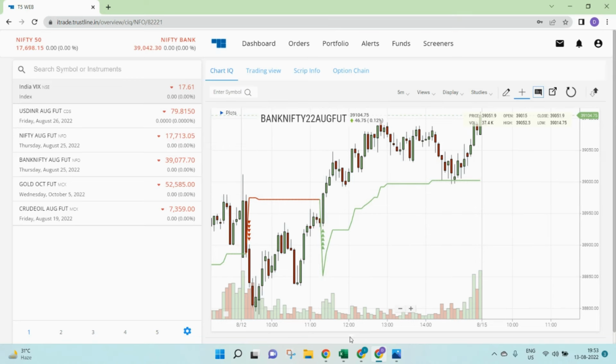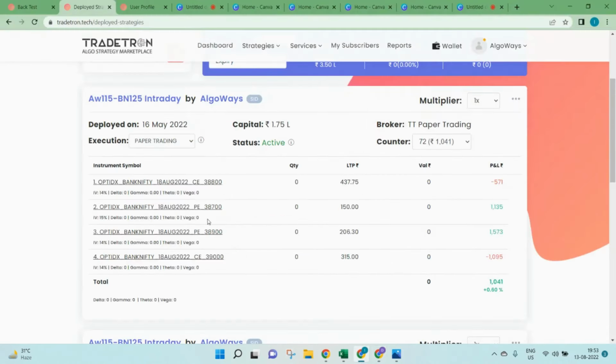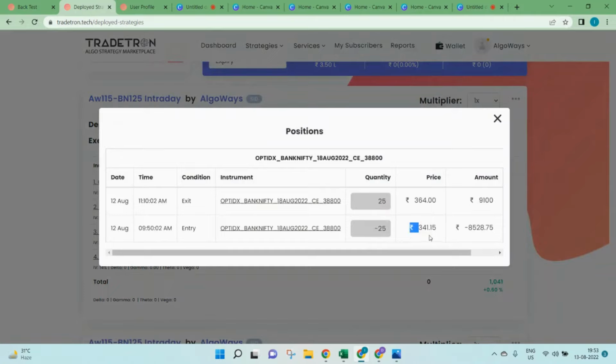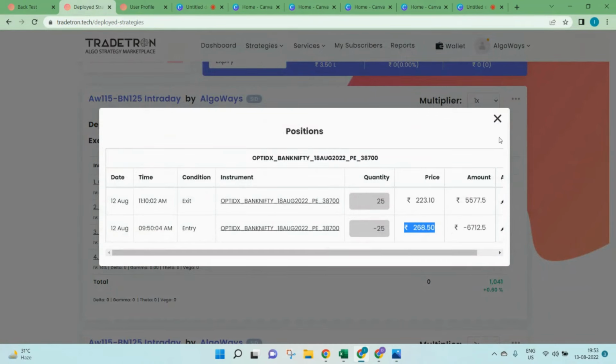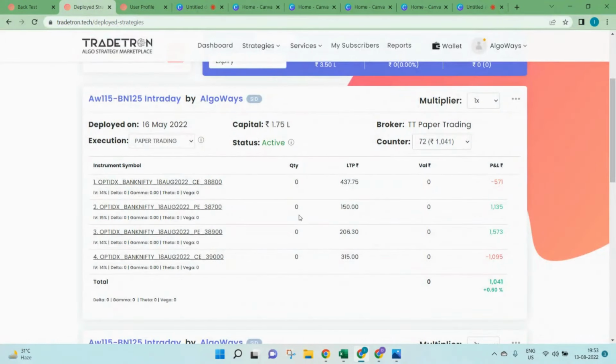So what happened in this particular scenario yesterday: we sold the 341 CE when the signal came down, and we sold a PE of 268. Now the market reversed from there, and if you see, we lost something in CE, 571 rupees, but we gained in PE, 1135.